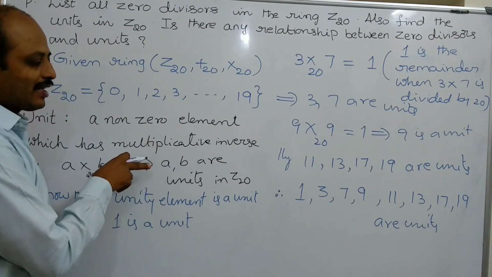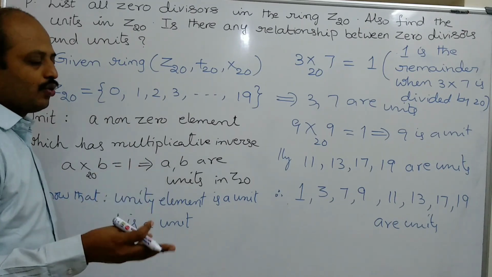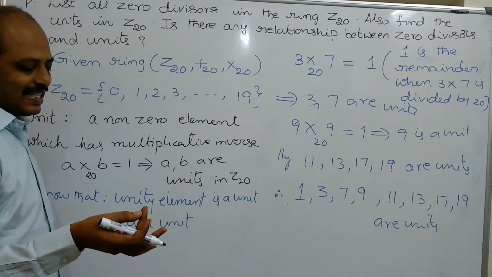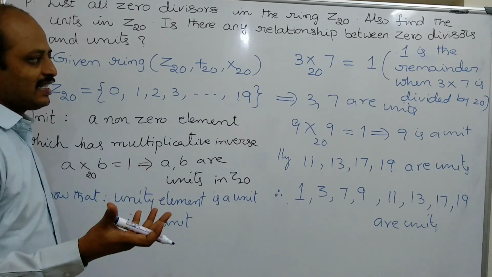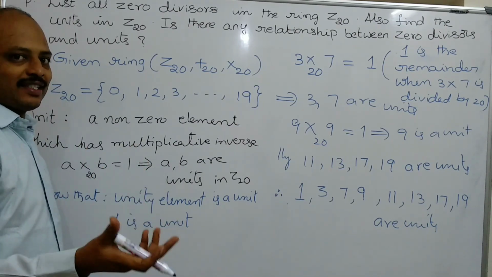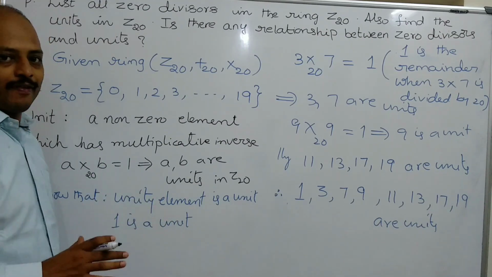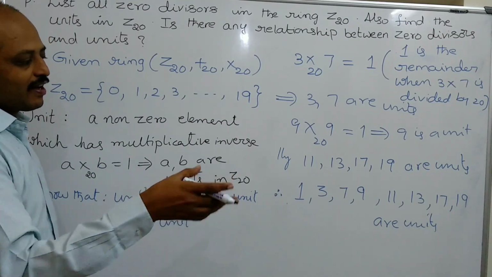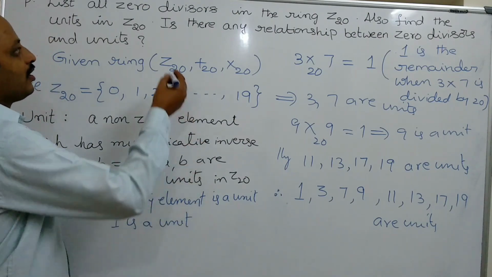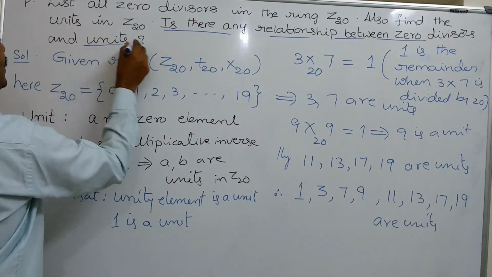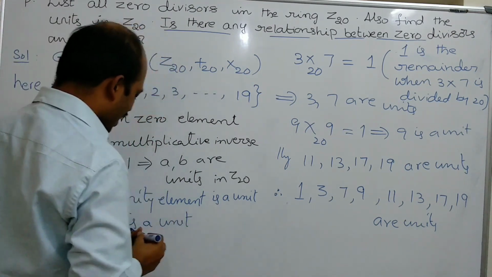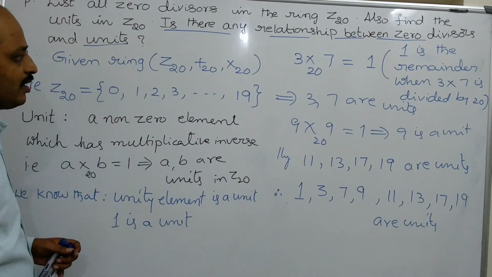In the previous calculation, we found the zero divisors 2, 4, 5, 6, 8, 10, 12, 14, 16, 18. Here 1, 3, 7, 9 and so on are units. The question is, is there any relationship between zero divisors and units? You can describe the relationship. What is that?